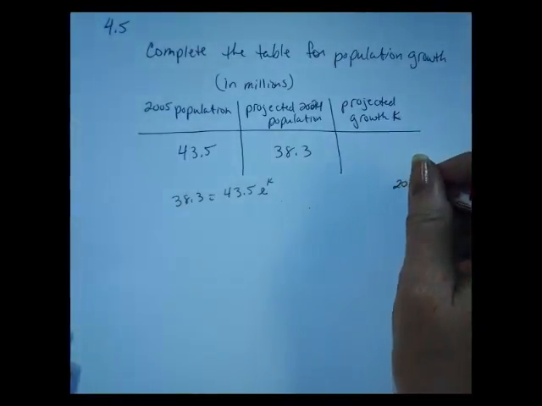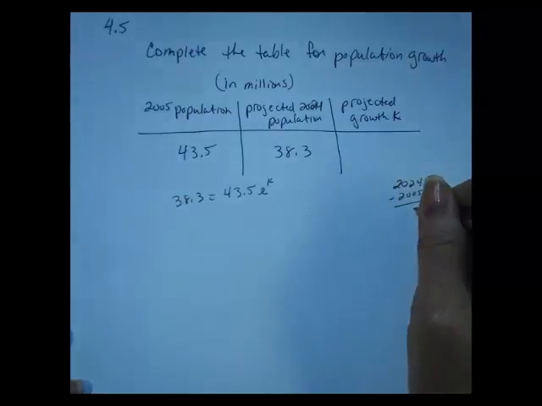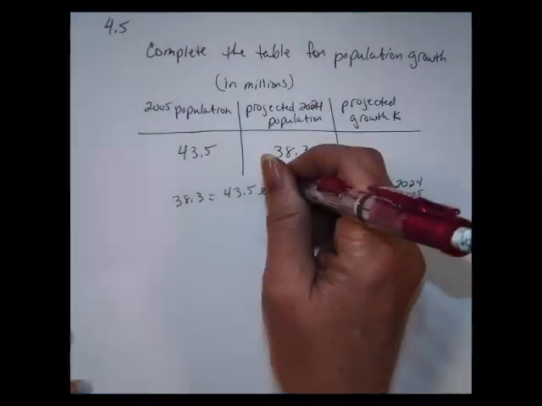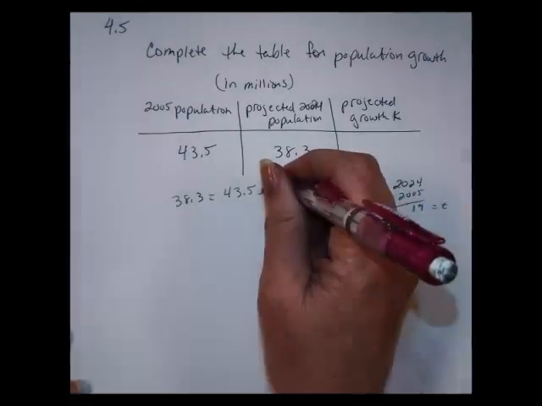So if we take 2024 minus 2005, we get 19. So 19 is our t.